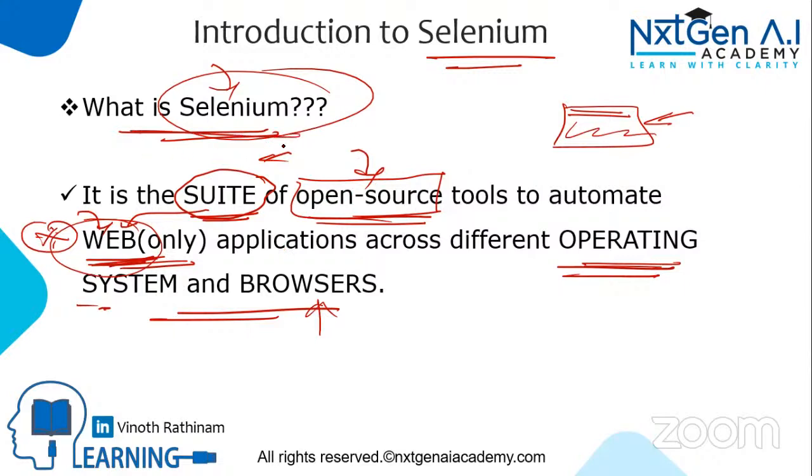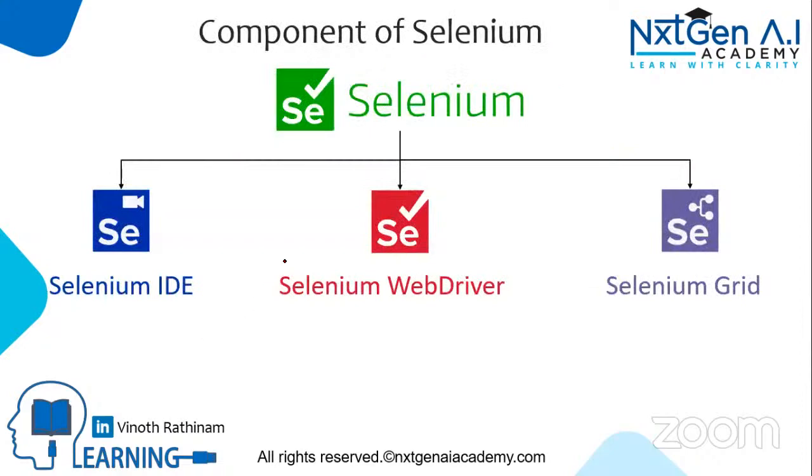So what is Selenium again? It is a suite of open source tools to automate a web application across different operating systems and browsers. Since I said it's a suite, initially it was 4, now it is 3: Selenium IDE, Selenium WebDriver, Selenium Grid.